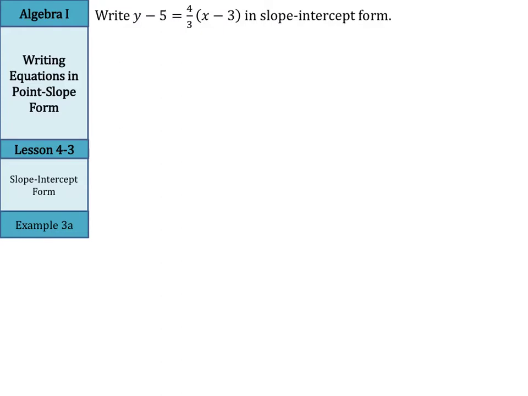Now, what happens when we want to take an equation and write it in slope-intercept form? Well, remember, slope-intercept form is y equals mx plus b, where m is your slope and b is the y-intercept. Let's distribute this thing out first.